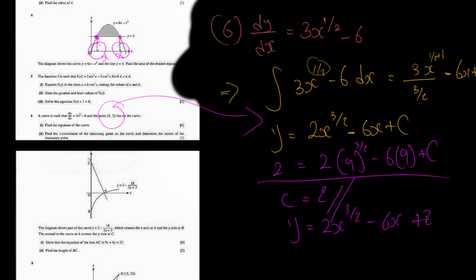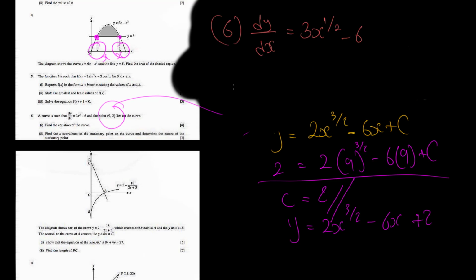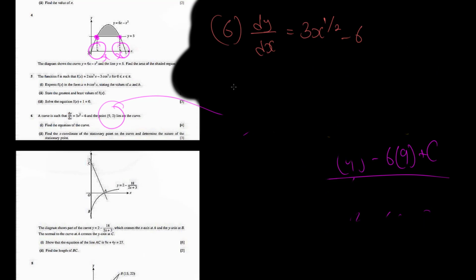Part 2. Find the x coordinates of the stationary point on the curve and determine the nature of the stationary point. To determine the nature of the stationary point, we need to take a second derivative, and to find the stationary point themselves, we need to equate our derivative to 0. So let's do that.